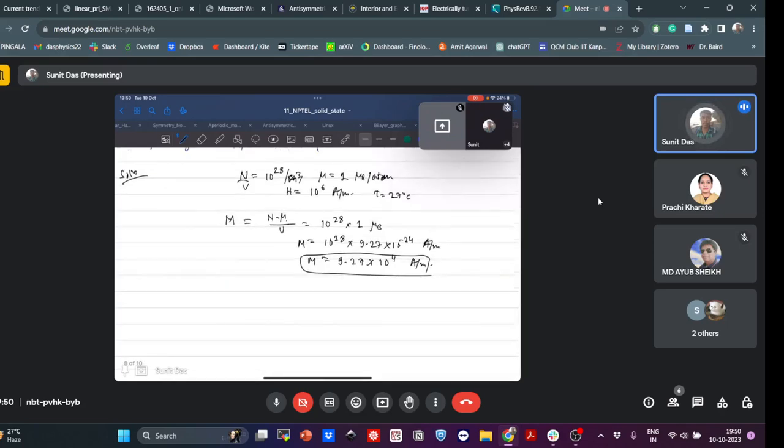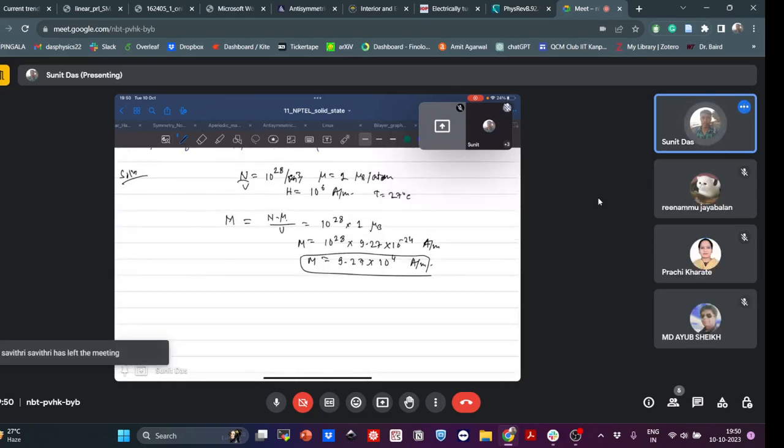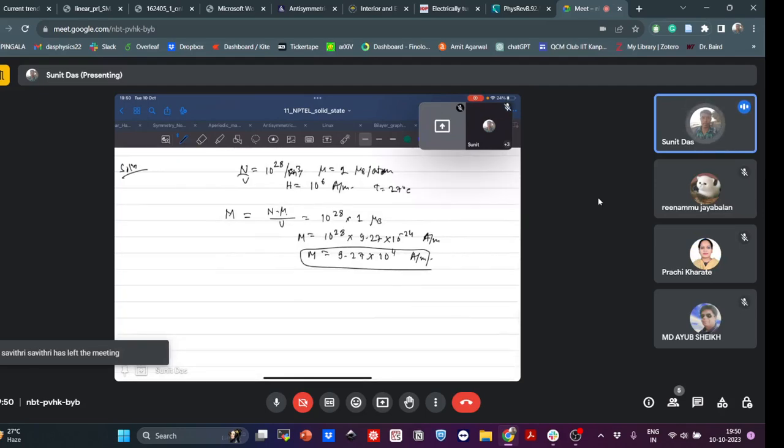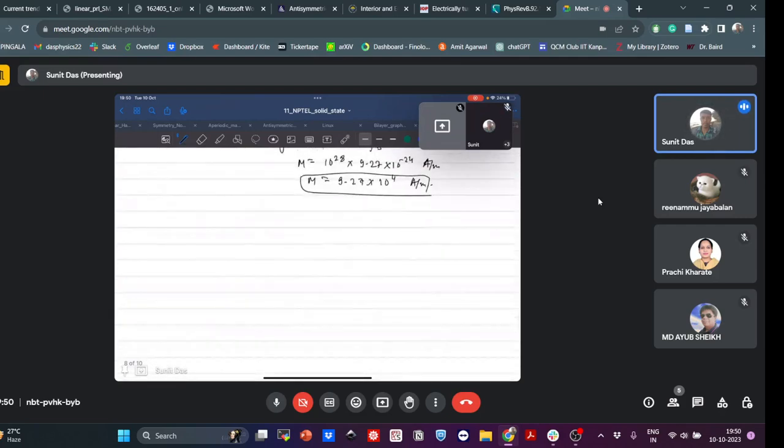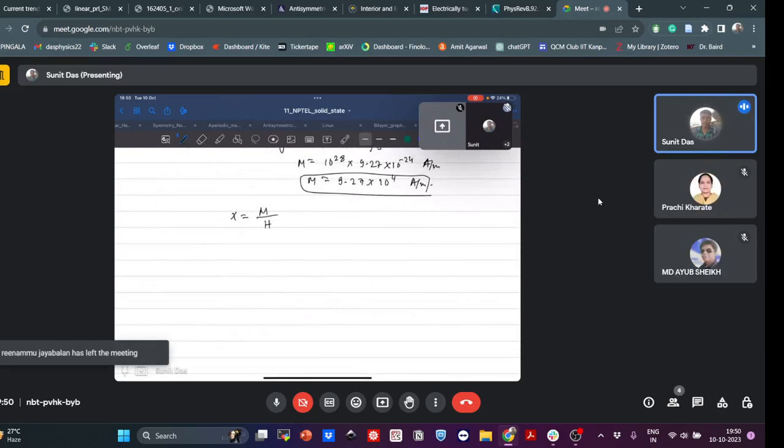So this is the magnetization, just total magnetic moment per unit volume. Then we need to find the paramagnetic susceptibility. We know that susceptibility is magnetization per unit magnetic field strength.